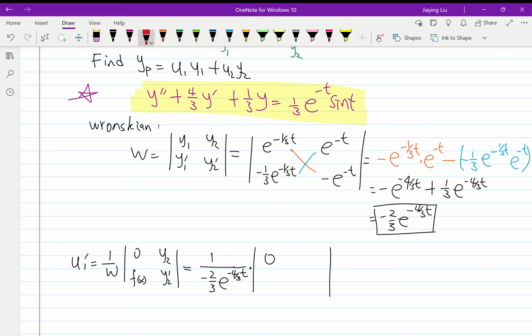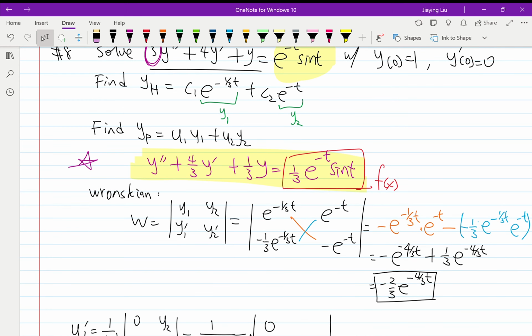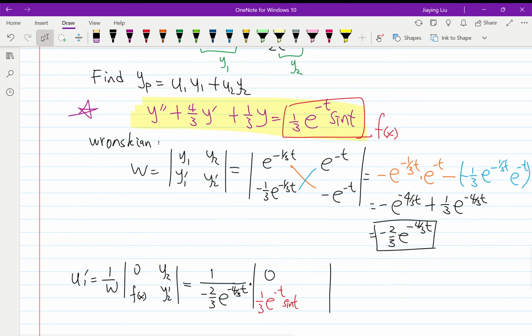So this is what we call the f of x now, which is 1 over 3 e to the minus t sine t. Let's just say you happen to go back to the original differential equation and pick the right-hand side to be f of x. It's not the end of the world. The only difference is that you're missing a 1/3. So for the final answer, probably just apply a constant.